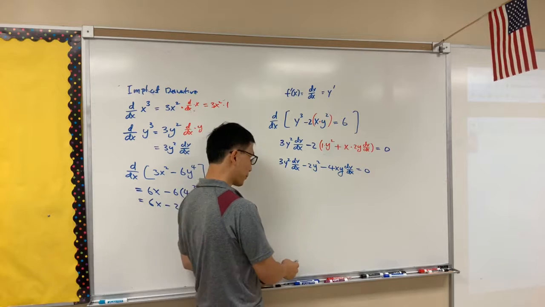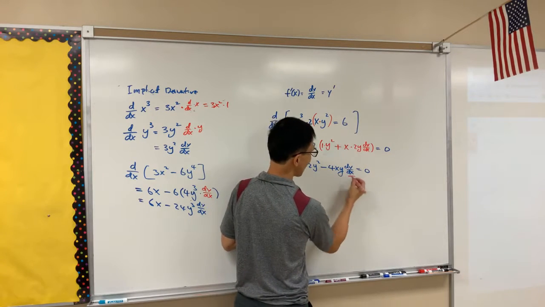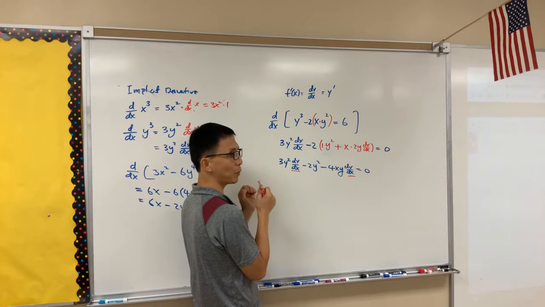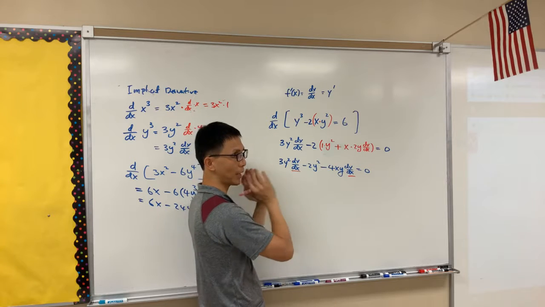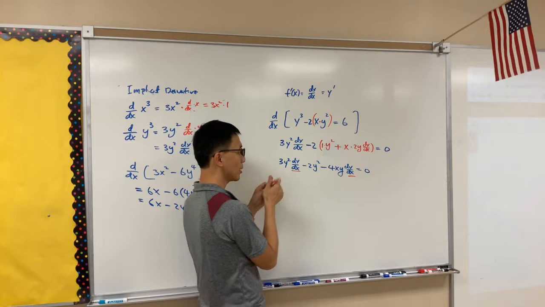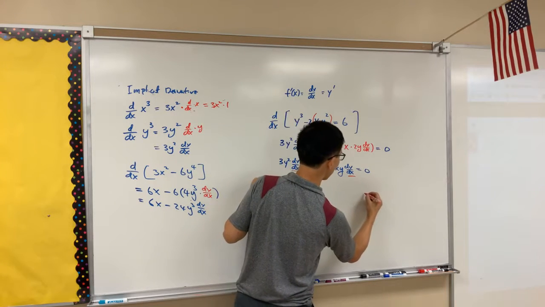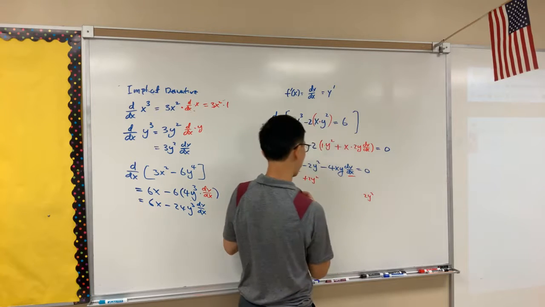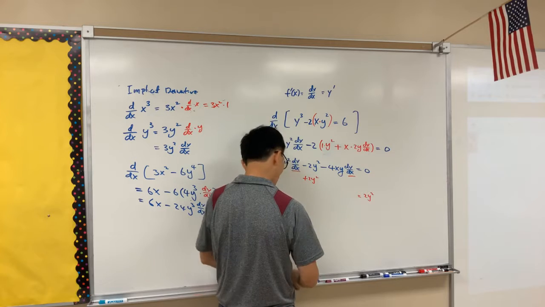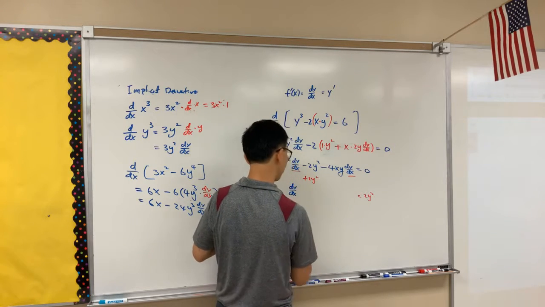Now, what am I looking for? I'm looking for the dy/dx. I'm going to underline this. That means this needs to be on one side. Everything else that doesn't have dy/dx, I'm moving to the other side. So I'm going to add 2y squared on both sides, and that's equal to, and I'm going to take out a dy/dx outside, which is what I'm trying to solve for.